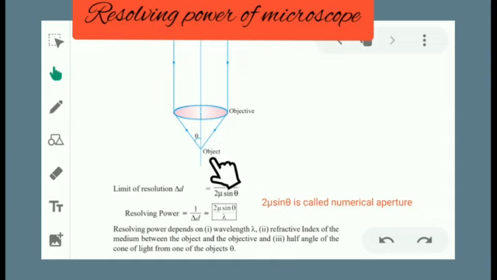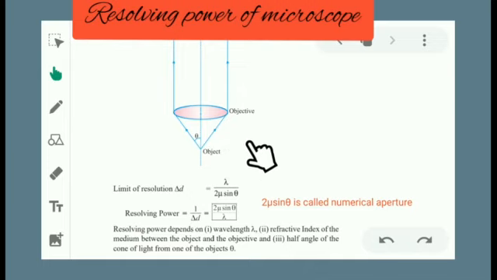Lambda is the wavelength of light. Then mu is the refractive index of the medium between object and objective. You know that when using a compound microscope, we mount the object in glycerin and keep it between the slides. So here also we are doing the same.